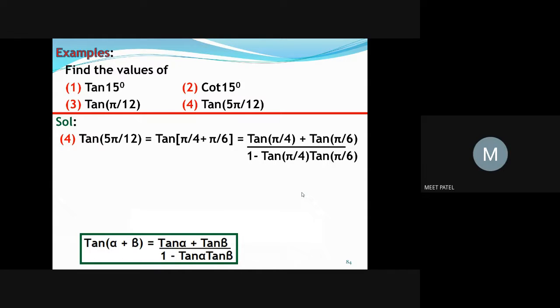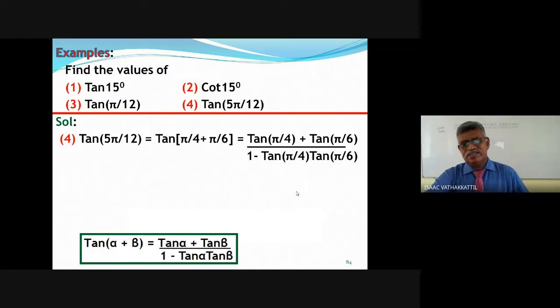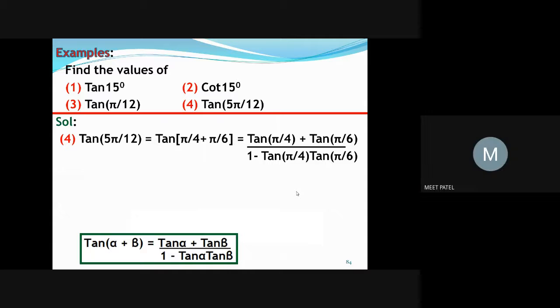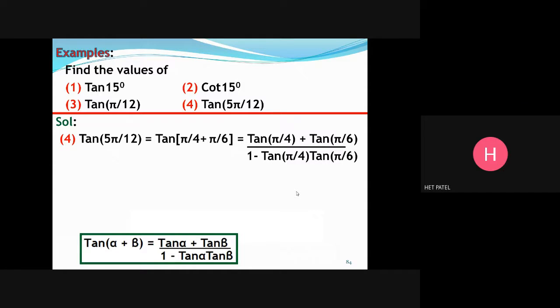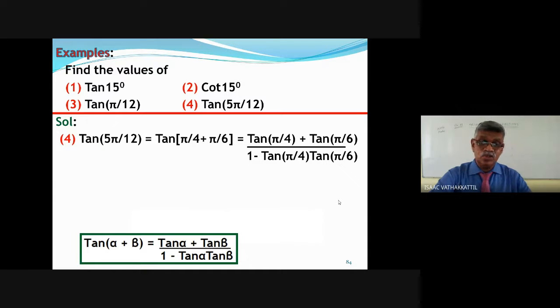Sir, is it okay if we convert the radians into degrees first? You can, but you have to practice in radians because our main motto is radian. I don't mind you converting to degrees, and in an exam it is no problem. But I advise you to get practice with radians. The final answer has nothing to do with degree or radian.